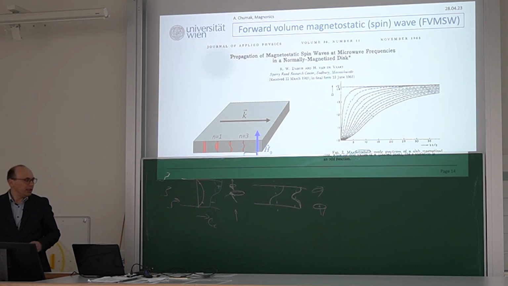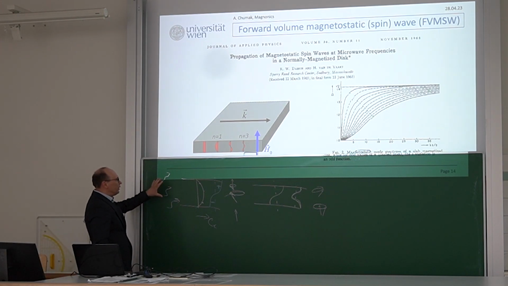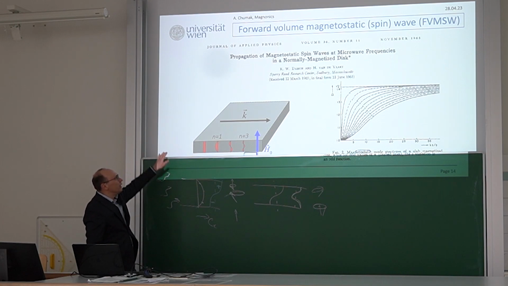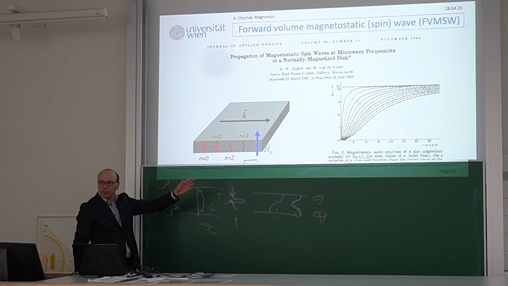So you cannot use a uniform field to excite even modes in your system, because everything you're trying to excite on one side will be compensated by everything you're trying to excite on the opposite side. Therefore, with a uniform field, all even modes cannot be excited.